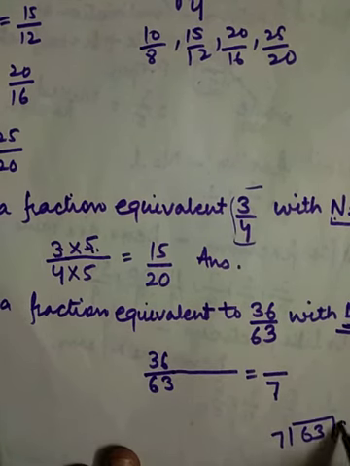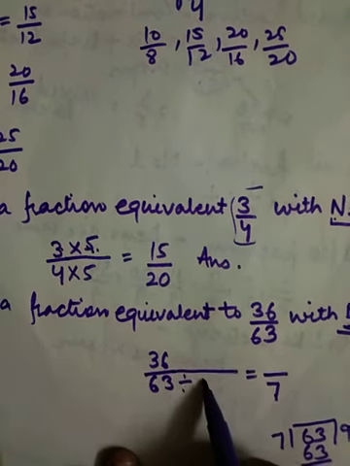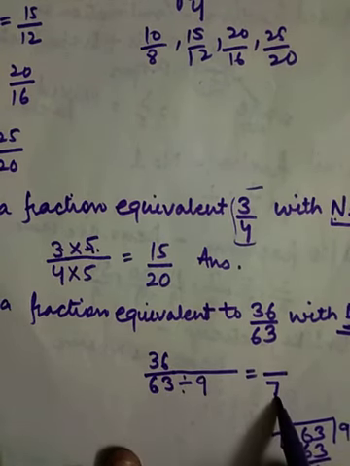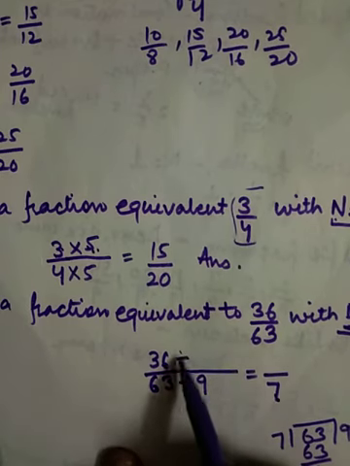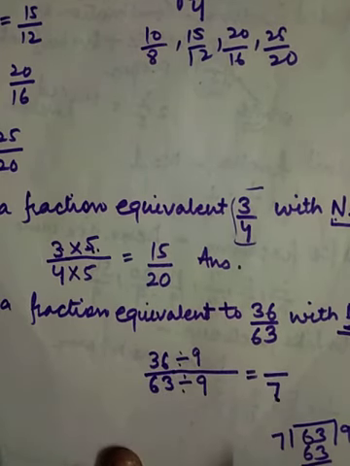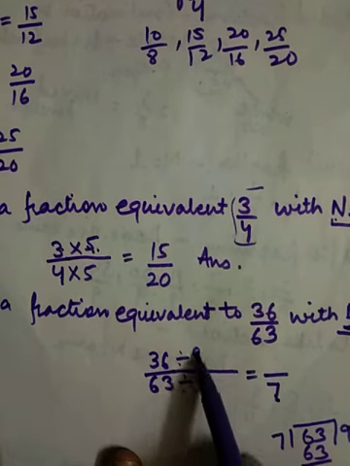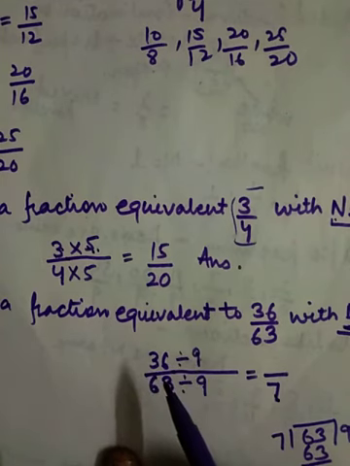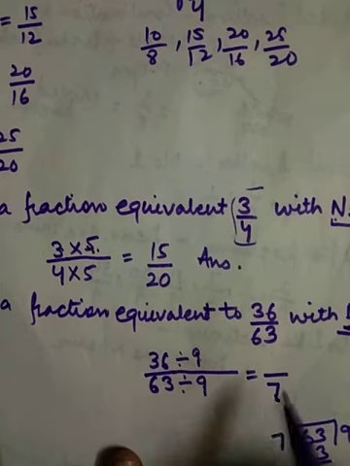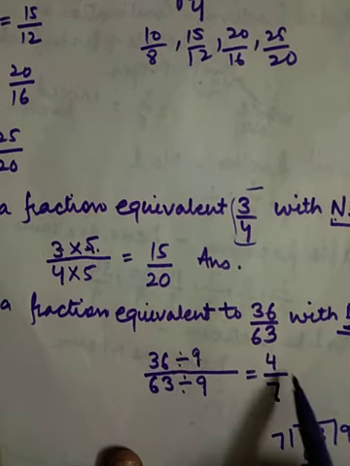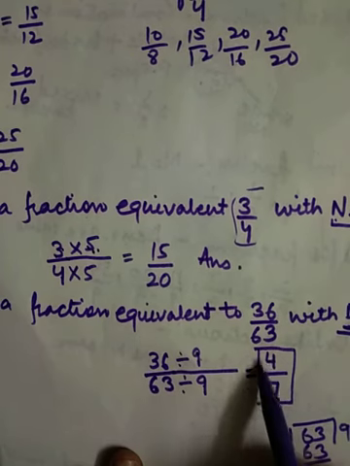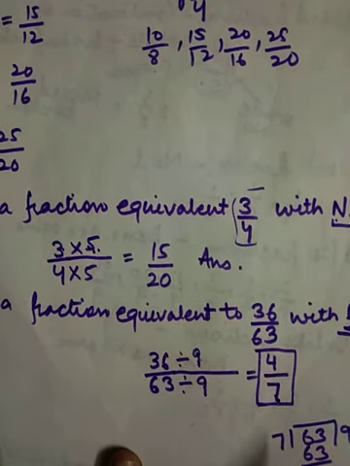We know that 7 9s are 63, so when we divide it by 9, we get 7. The same number we have to divide the numerator by: 9. When 36 is divided by 9, we get 4. So now the required fraction is 4 by 7. Fine.